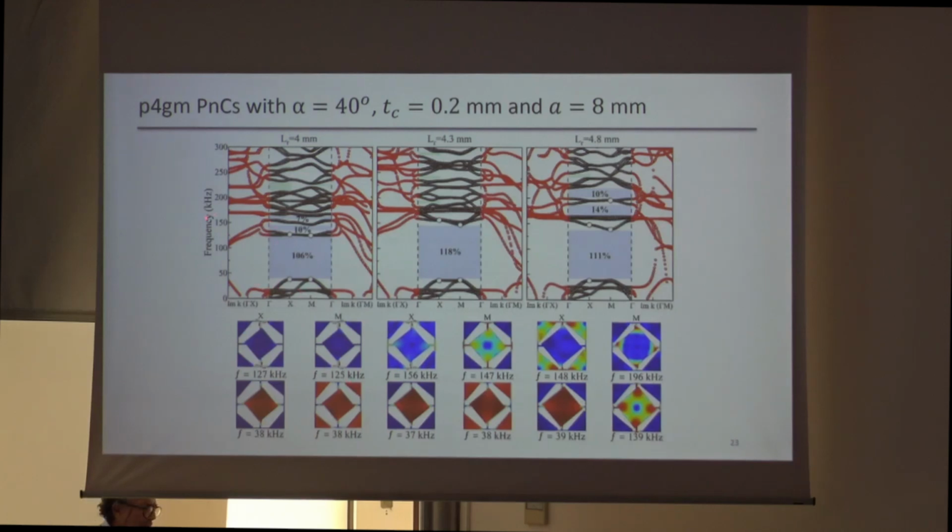But now I can see that if I rotate the angle, I can either increase or decrease my band gap size, and here I'm actually increasing it. So again, to prove to you that the band gaps depend non-linearly on the connector widths, the angle of rotation, and the resonator size.